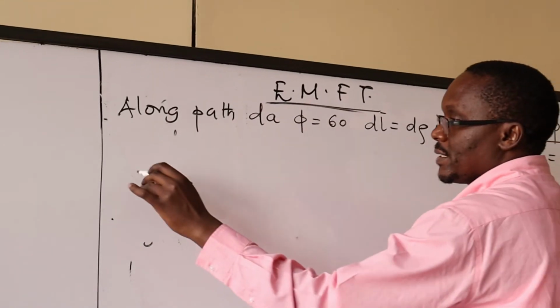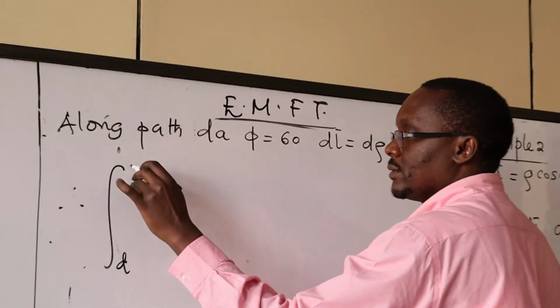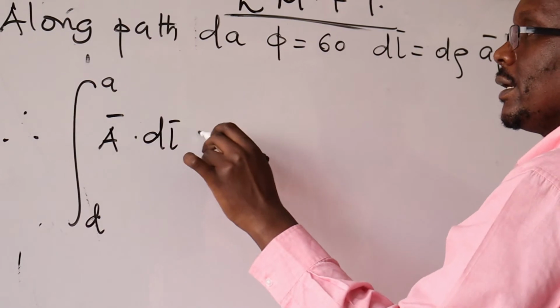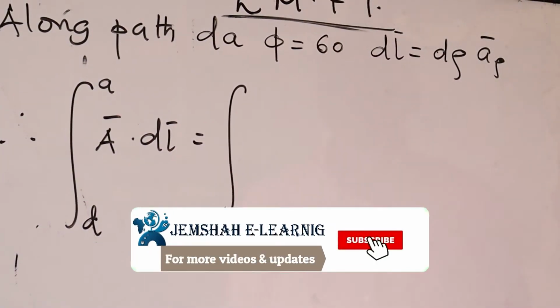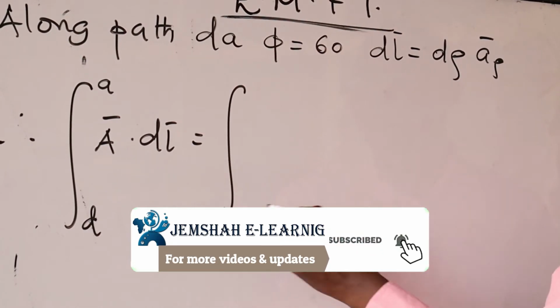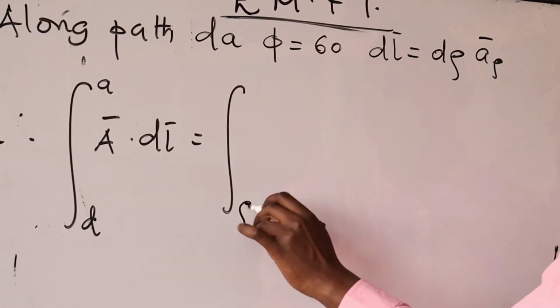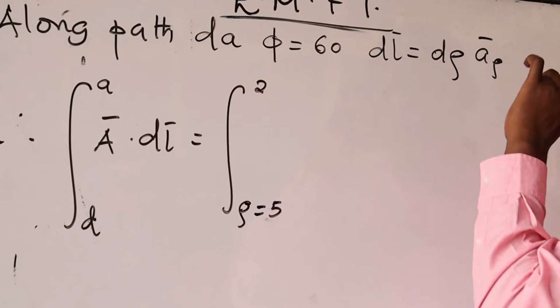And so we can say therefore the integral from D to A of A bar dot dl bar will be, now from D to A, rho at point D is 5, and up here it is 2.